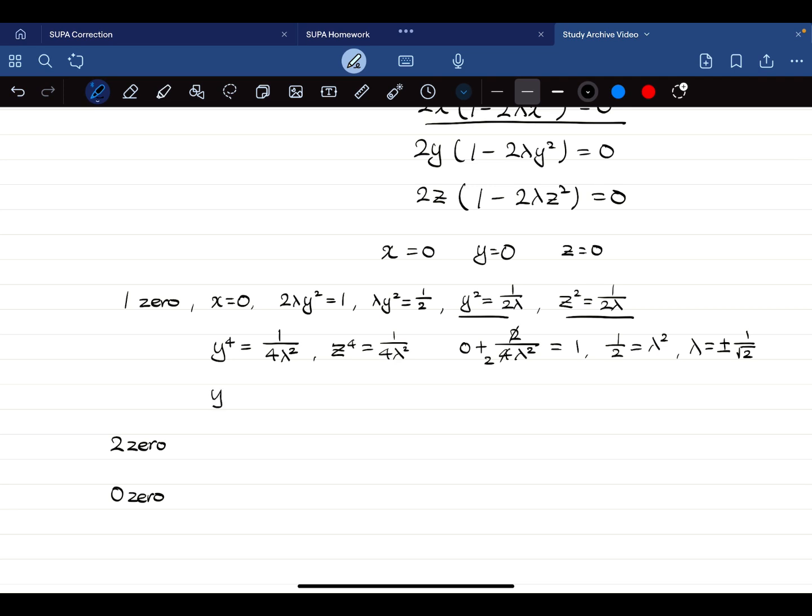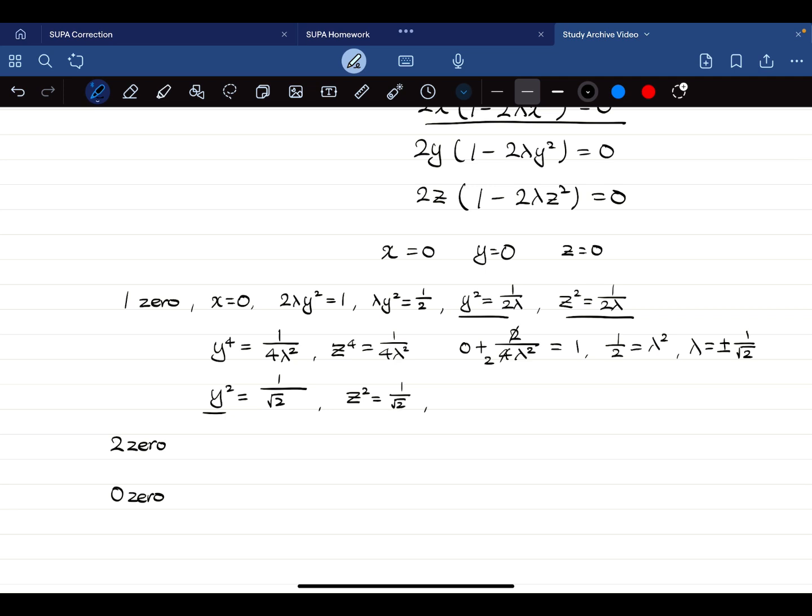And that carries over to our y and z. So y squared is 1 over 2 root 2, which basically is root 2 over 4.